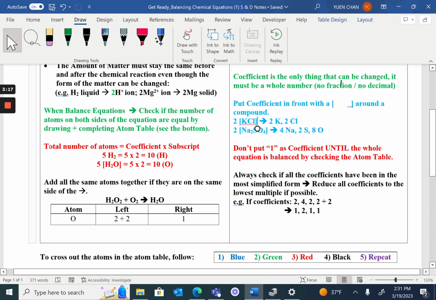And the total number of atoms is equal to the coefficient times the subscript. So for example, if I give you 5H2, how many H is that? The coefficient 5 times the subscript, which is 2.